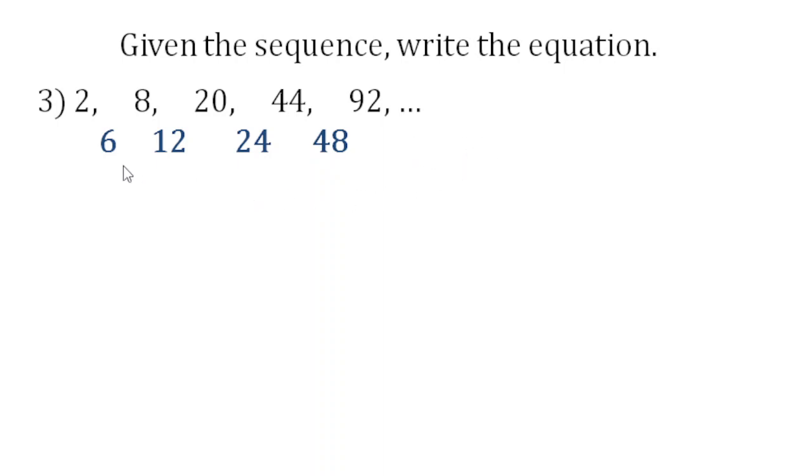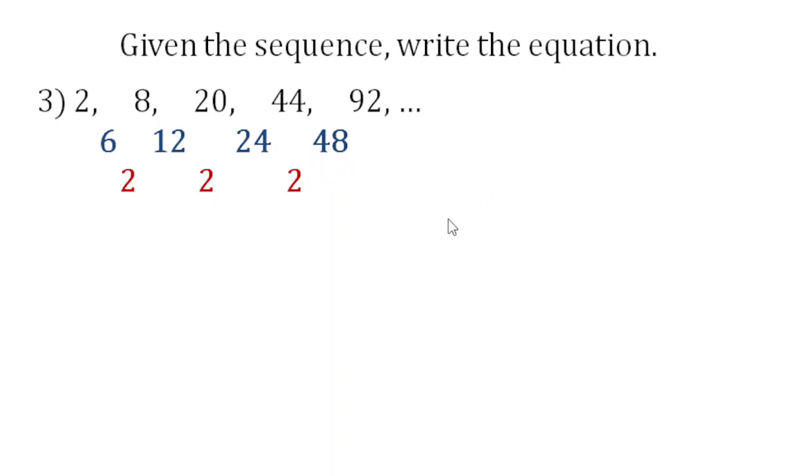And if we are going to investigate furthermore, okay, 6, 12, 24, and 48, we have here a common ratio of 2, because 6 times 2 is 12, 12 times 2 is 24, 24 times 2 is 48.